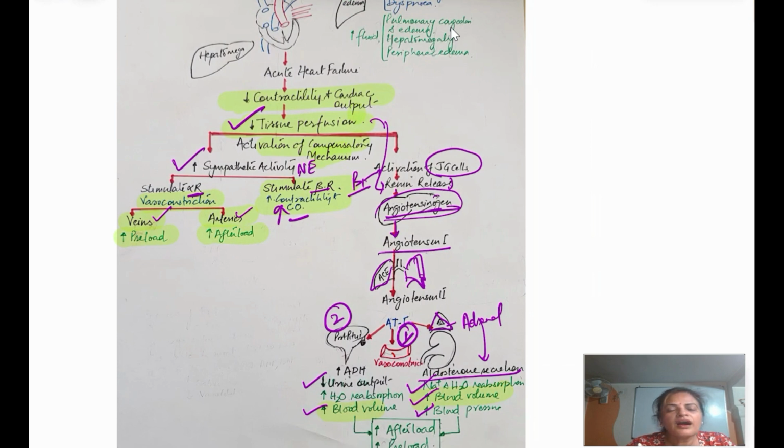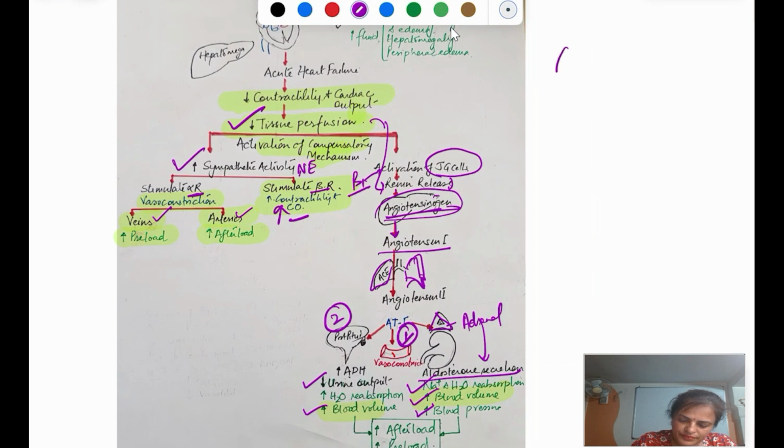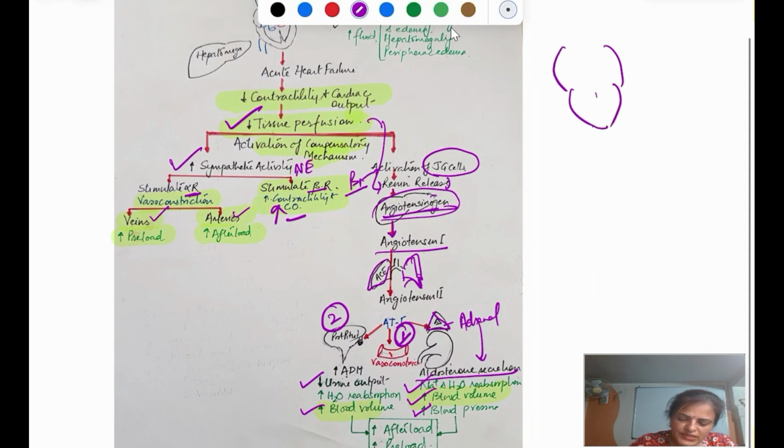What is the afterload? Afterload is the work which the left ventricle has to do to push the blood into the aorta. Okay? I'll draw here. So how much does this left ventricle have to work to push the blood into the aorta?